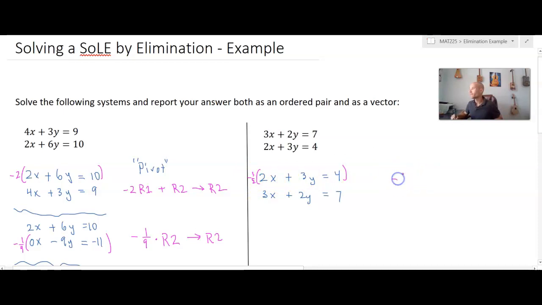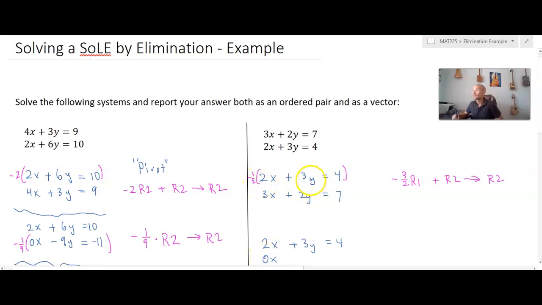So I'm going to take negative 3/2 of row 1, I'm going to add it to row 2, and I'm going to leave that result in row 2. There we go. Oh, I'm not changing the first equation, I'm just using it to help me cancel out the x in the second equation. So negative 3/2 of 2 is negative 3. Added to 3 is 0.